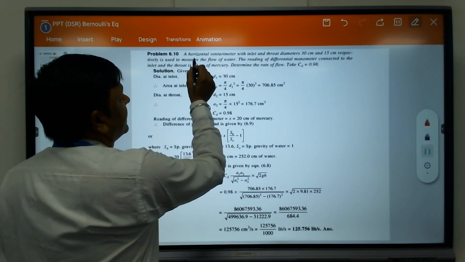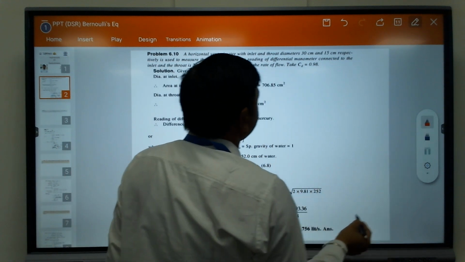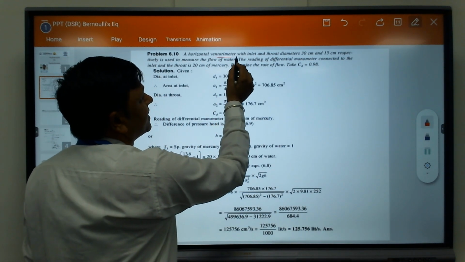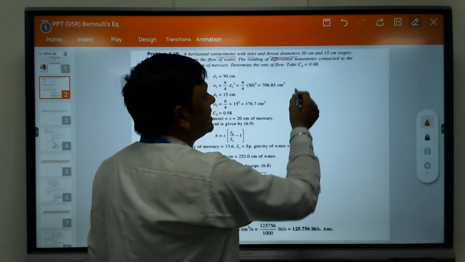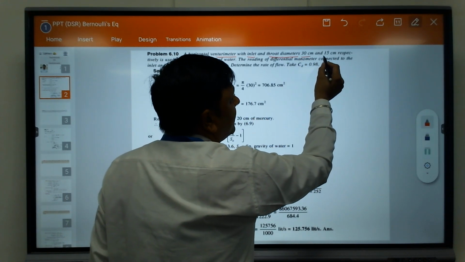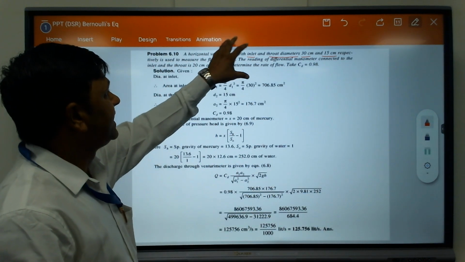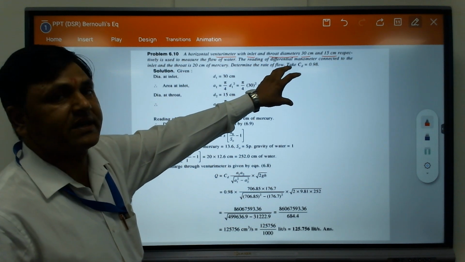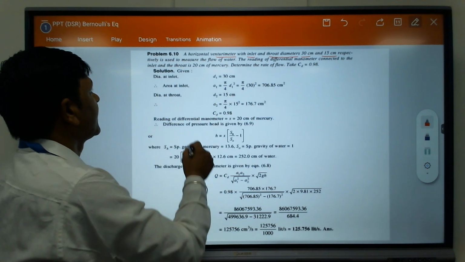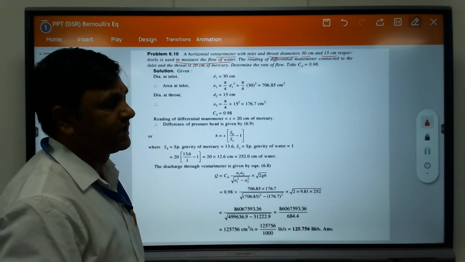You can see that a horizontal Venturi meter with inlet and throat diameters of 30 centimeter and 15 centimeter respectively, means the inlet diameter is 30 centimeter and the throat has a diameter of 15 centimeter, is used to measure the flow rate of water.